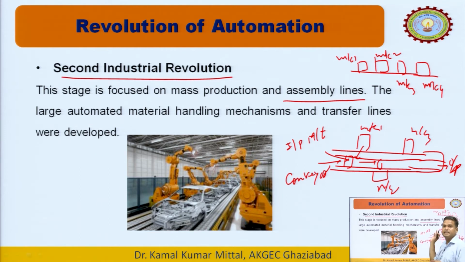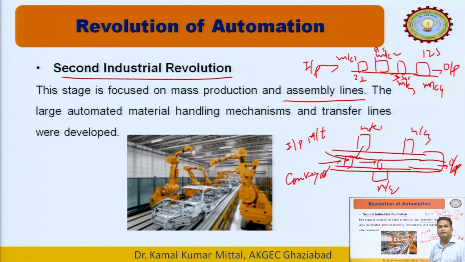Suppose 4 machines are there. Here is the input and here is the output. Suppose there are different times taken by those machines. Suppose this is taking 2 seconds, this is taking 8 seconds, this again 3 seconds, this taking 12 seconds.